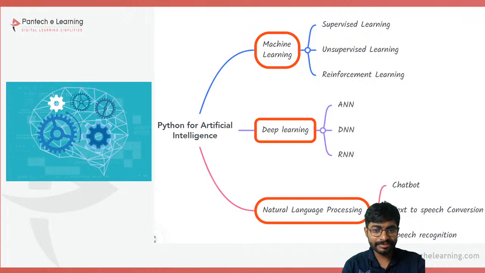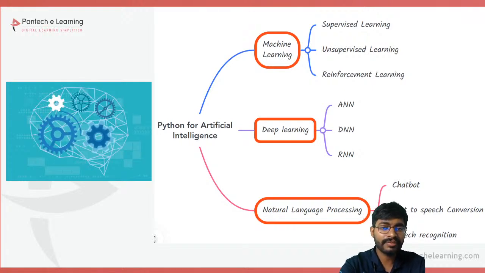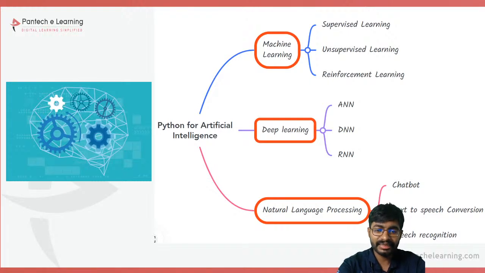Inside machine learning, we have three types of learning which we have to know: supervised learning, unsupervised learning, reinforcement learning. The same thing in deep learning means ANN, DNN, RNN. Natural language processing means chatbots, text to speech conversion, and speech recognition.